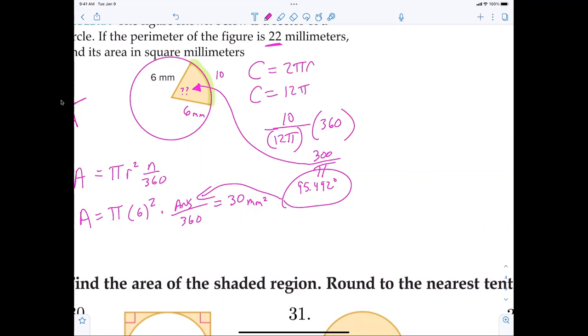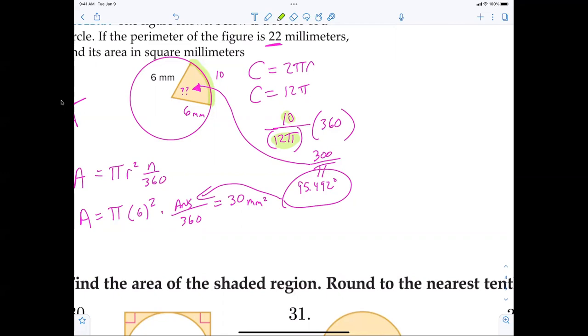You agree with me or not? So the whole circumference was what? 12 pi. Right? So I did 10 out of 12 pi. Do you agree with me? Yeah. So if I did 10 out of 12 pi, that's the fractional part of the circle that's being used for that arc.